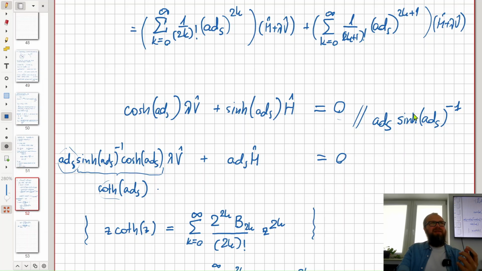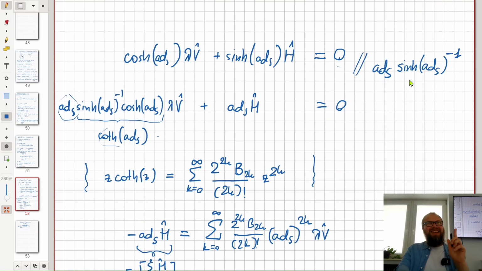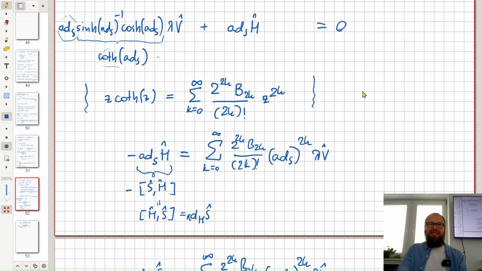This will probably come handy, and I'm almost sure it will come handy when we'll be talking about Magnus expansion. So this is what's going on, where there is something to steal from this. We can probably do some stuff with that in the future.